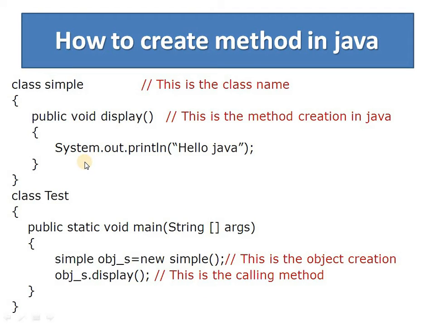So for that I am creating another class, that is class test. In the class test, I am writing the main method, public static void main string arguments. Now in the main method, I am creating here an object of the class.